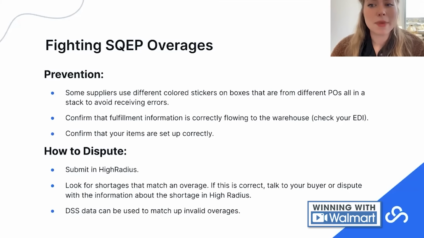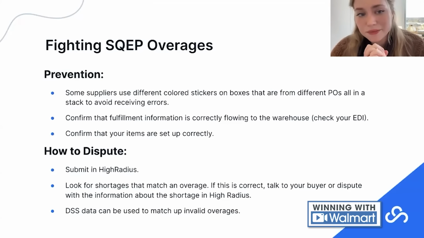Because again, of that manual aspect of the warehouses, if it's a mixed pallet, if you're sending different items on a single pallet, you're really calling attention to the fact that they are different items. That's going to avoid some of the potential receiving errors at the Walmart warehouse.